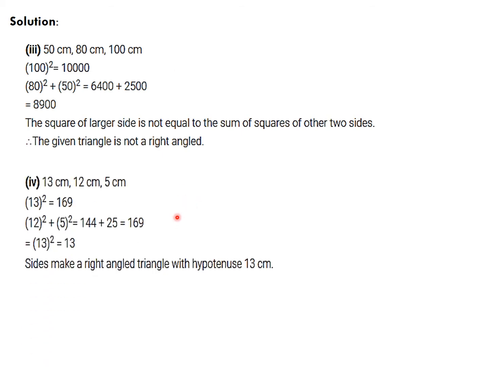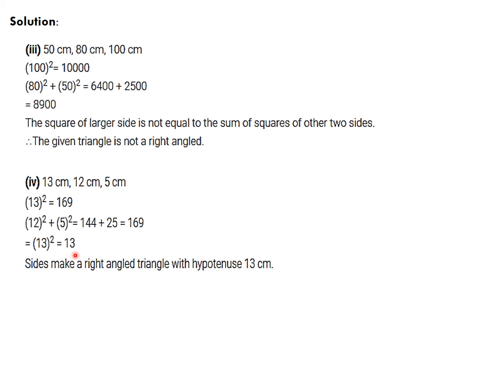In the next question we have the sides 13, 12 and 5 cm. So again we will go for the smaller sides. So 13 square equals 169, and let us take the sum of the squares of the smaller sides. So 12 square plus 5 square is equal to 169, which is the square value of 13.